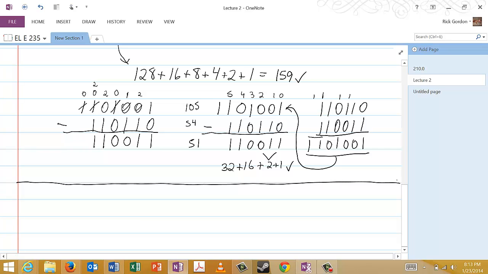Now we want to go to something a little more complicated, and this is referred to in your book as 2's complement arithmetic. And the example problem that we're going to look at is problem 134.